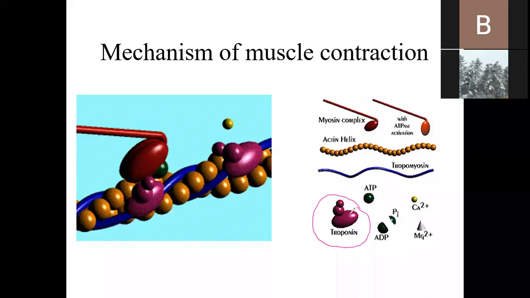So we have what we call troponin C, which binds to calcium, then troponin A, which binds to actin, and we have troponin I, which binds to tropomyosin. So we have three different types of troponin: I, A, C. One binds to tropomyosin, the other binds to actin, and the other one binds to calcium.